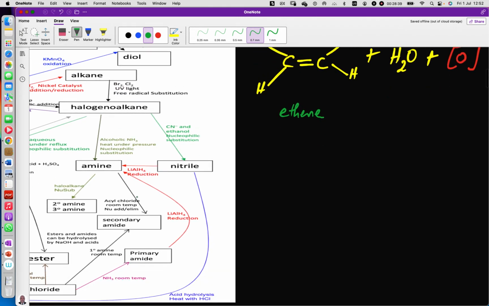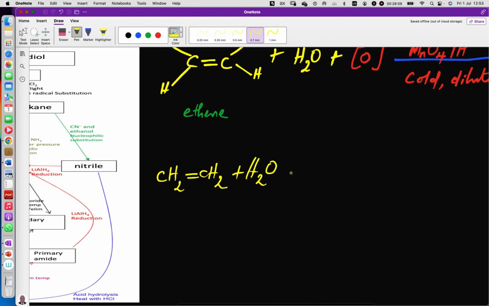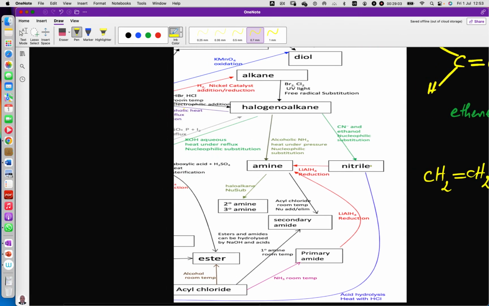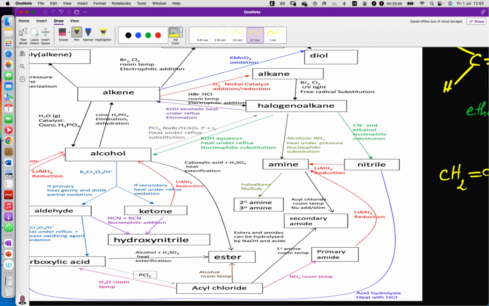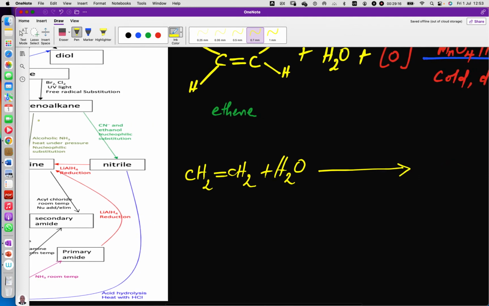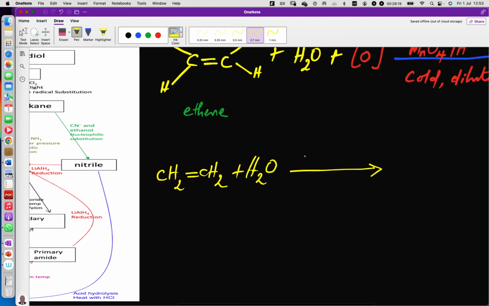So alkene, let's say CH2=CH2, plus water, through concentrated phosphoric acid, which is used as a catalyst.